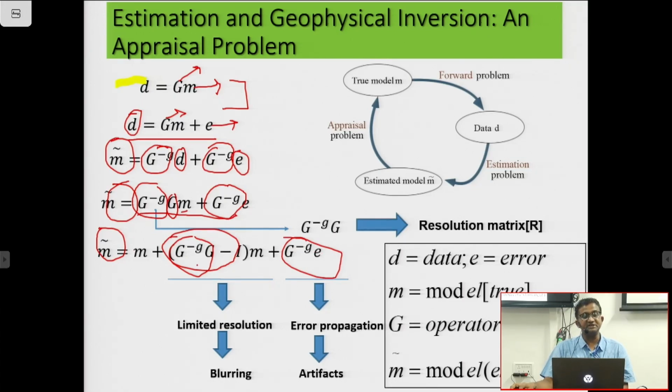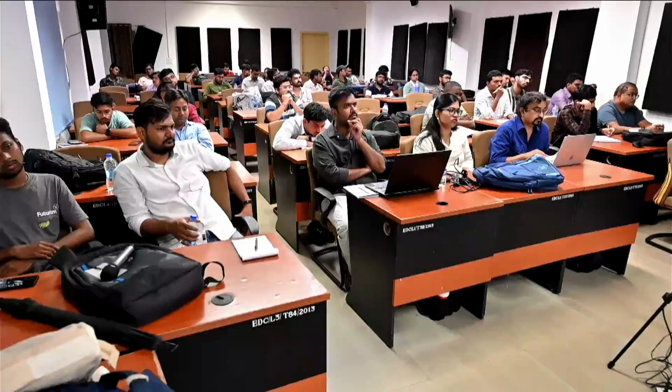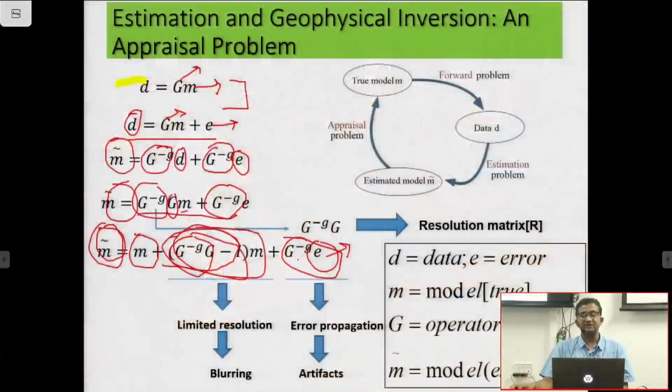Now if you see this, if G dagger G equals I, then this part is just equal to 0. That means the estimated model parameter can be close to the true one, and there is a part called the artifacts.